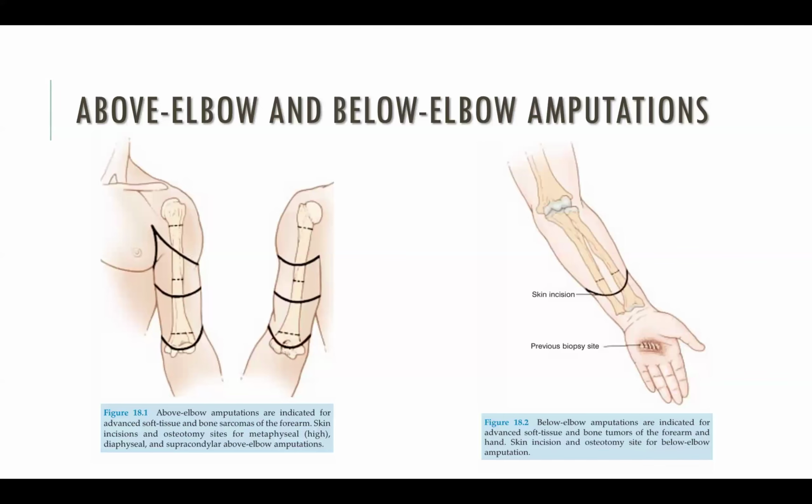Sir, which is the preferred? Above elbow is always a fish mouth. Below elbow, you have two options. Similar to below knee, you can create a flap. But a flap is difficult in a thin individual, so in a thin individual it is acceptable to do a fish mouth. In lower limbs, above knee is fish mouth and below knee is a posterior flap. Sir, does it depend on vascularity also, what type of incision we give? I don't think so.